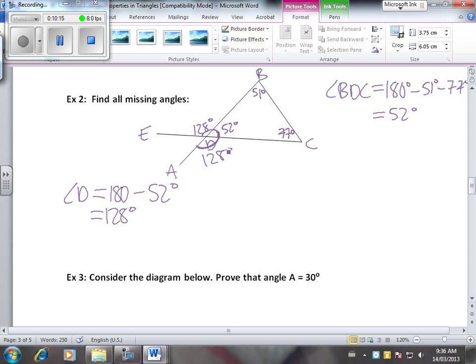Then if we look at this, we'll see that this is equal to that. So those are vertically opposite or supplementary angles: supplementary with the 52, vertically opposite with the other 128. And then this angle here would be 52 degrees. Again, it's supplementary with that 128, or vertically opposite with the 52.